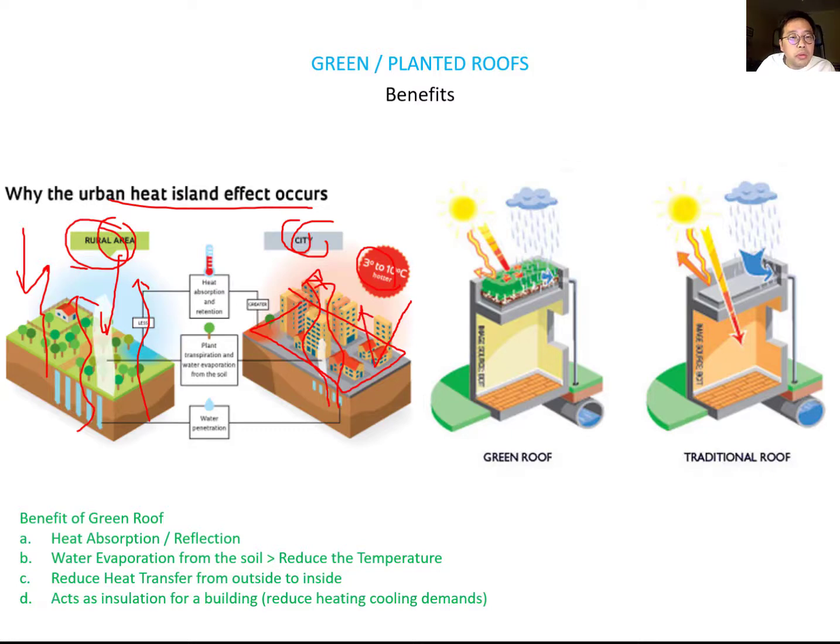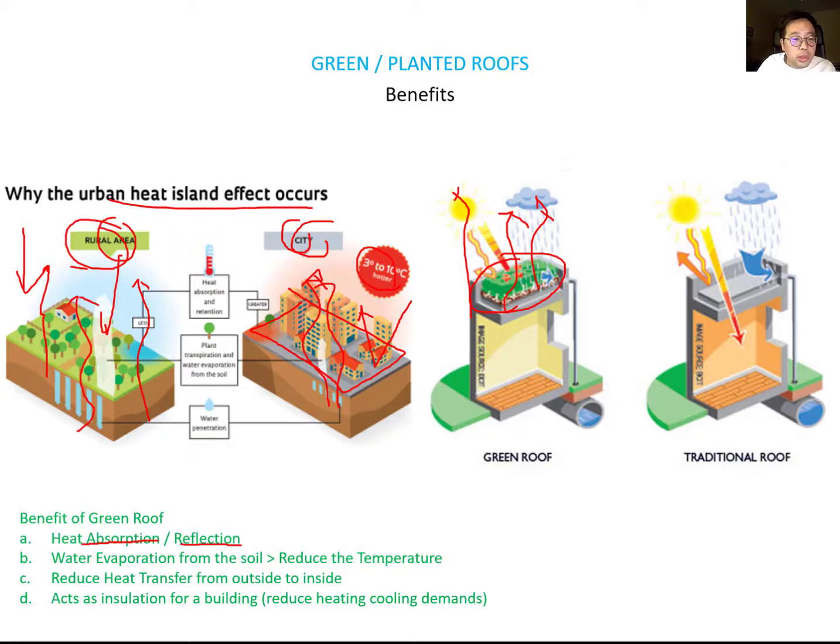But when your roof has green space, it means you have evaporation from the earth, so you can actually reduce this heat island effect. You can see that your green roof provides heat absorption and reflection. It works as insulation.